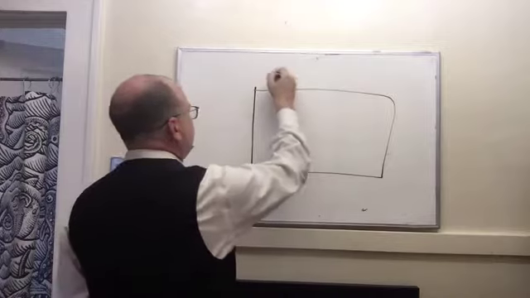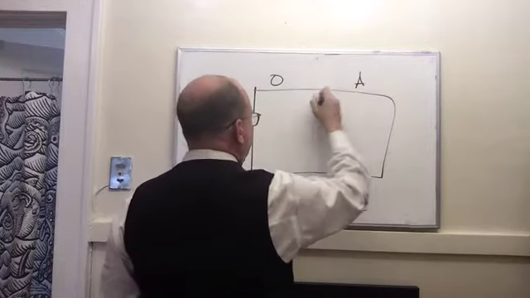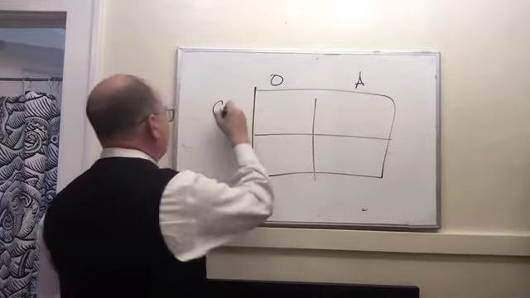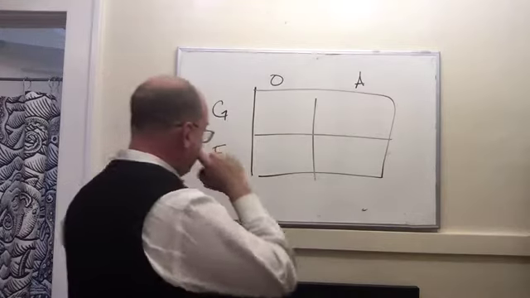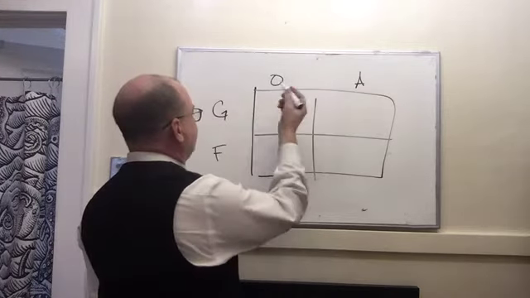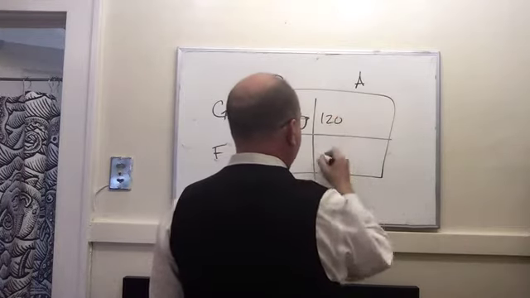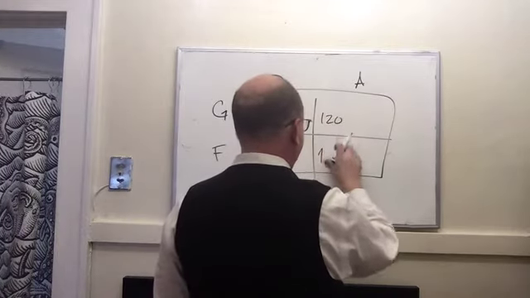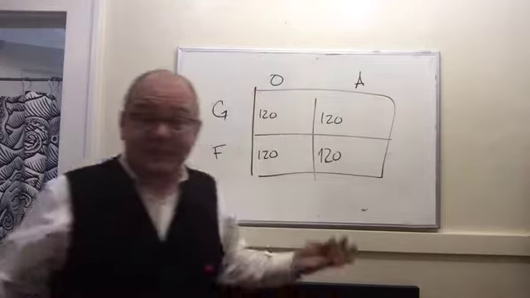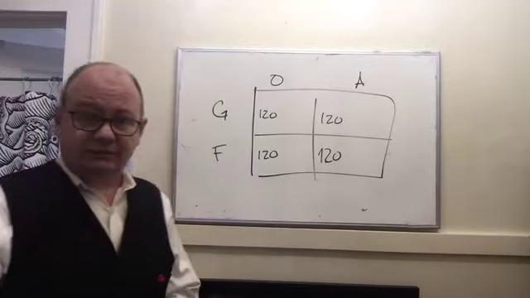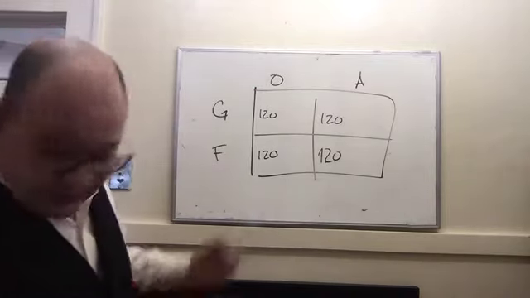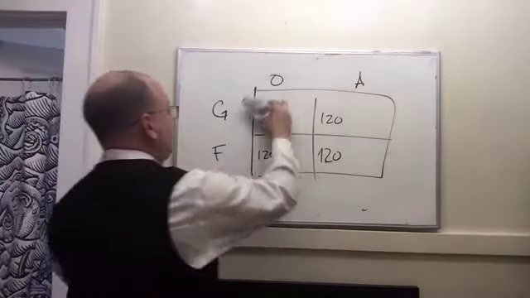Let's take a situation where Kakosman and Kakaland, we have the grass and we have the flowers, and maybe it takes them each 120 and 120 and 120 and 120. In this instance, is there any comparative advantage?